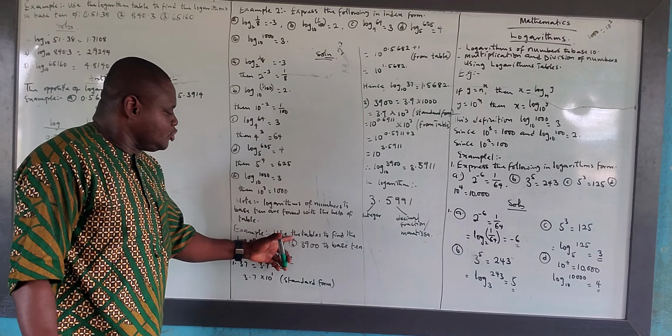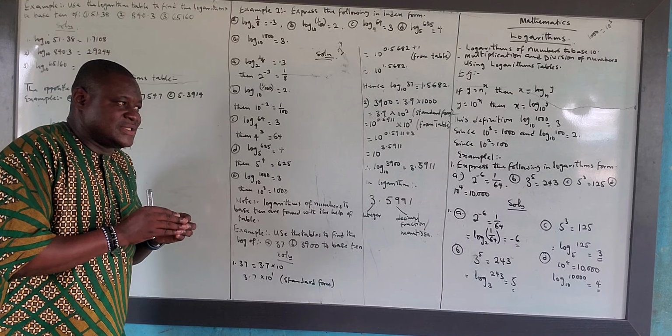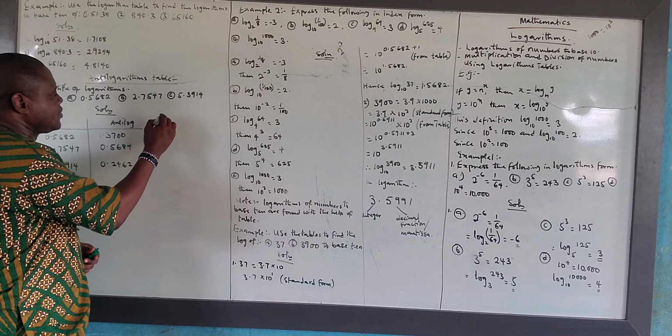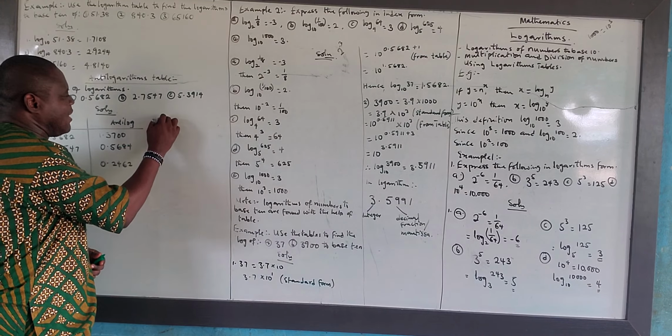3900 to base 10. So in this, we now have 1.37. If we are using 37, if you remember during your standard form, you were taught that if we have 10, that is 1, yes or no? Okay.